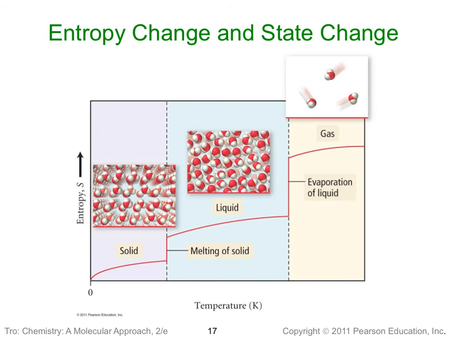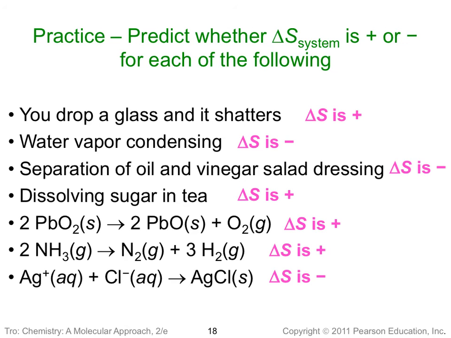So as you go from a solid to a liquid, you're increasing the motion and the macro states. As you go from a liquid to a gas, you're increasing them again, and the temperature is going up. So the kinetic molecular theory is involved.